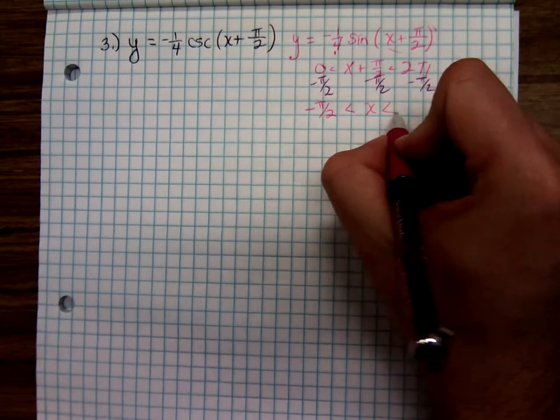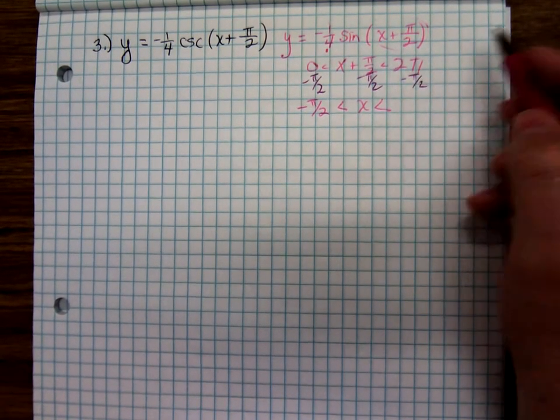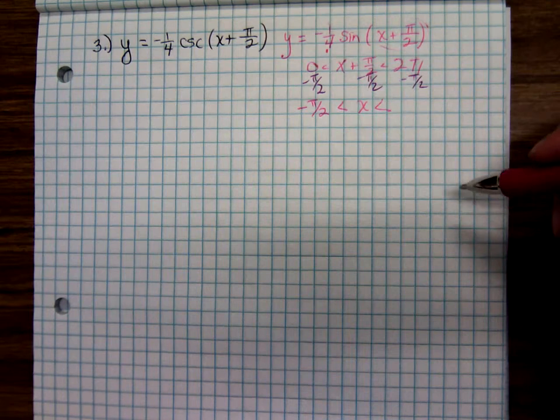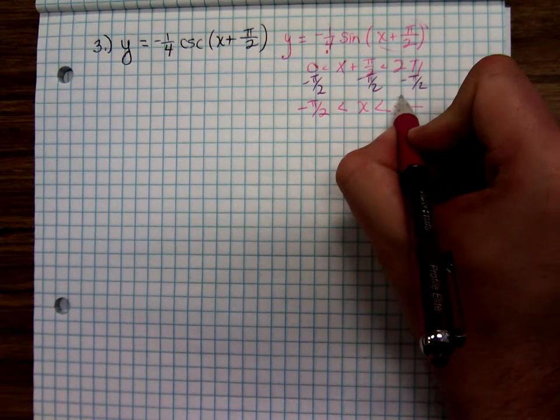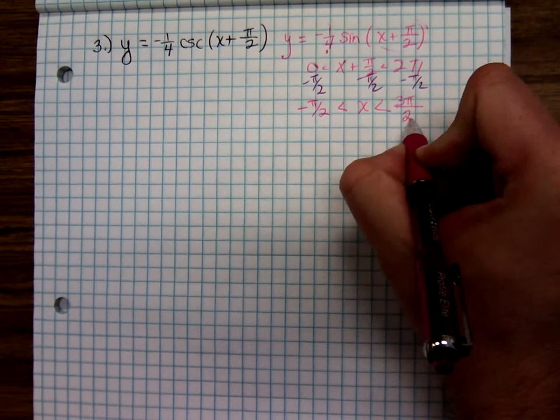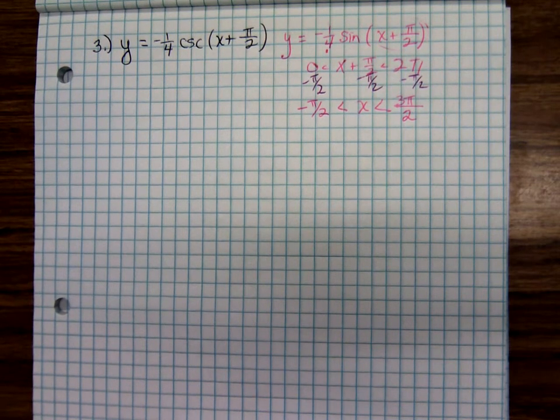Now thinking of that 2 pi is 4 pi over 2 minus 1 pi over 2. Is that going to be 3 pi over 2? And draw the graph. Let's see, I think I'll use green.